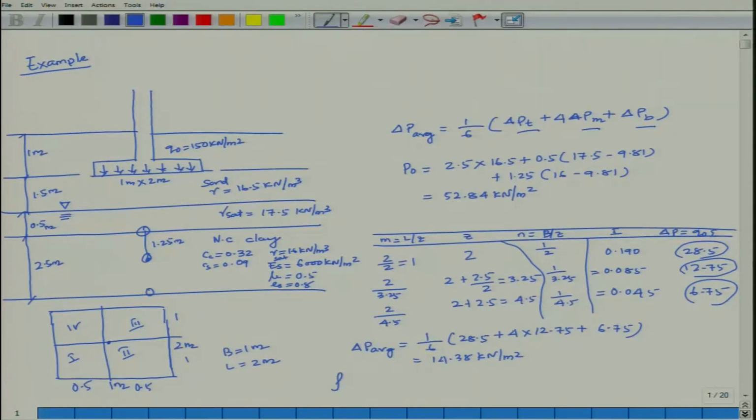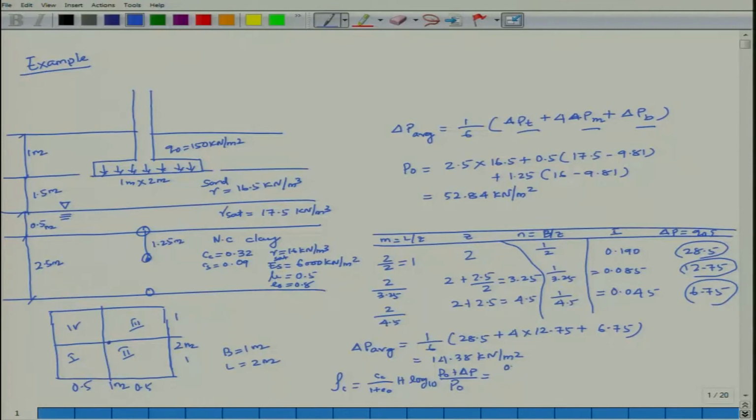So consolidation settlement is equal to Cc by 1 plus E0 times H log 10 of (P0 plus delta P) by P0, which is equal to Cc by 1 plus E0.